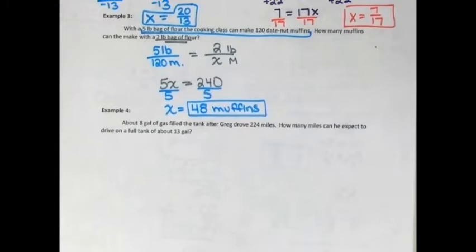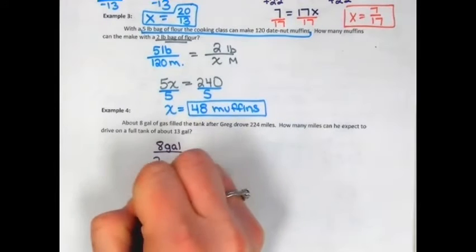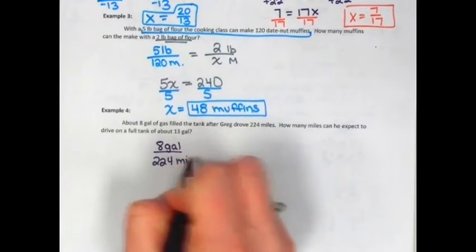So what's one way I could write a proportion? Go ahead. Okay, so he did 8 gallons over 224 miles.